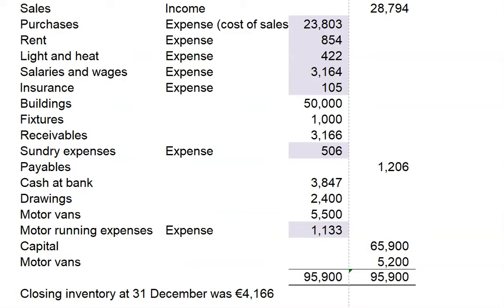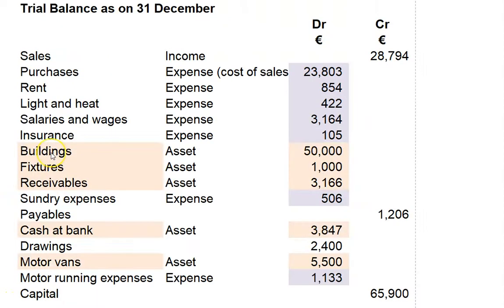So our statement of financial position is basically your assets on the top half, and on the bottom half is the equity accounts and any liability accounts. So once again, we just look at the trial balance and identify the type of accounts. So here I've identified the assets. Buildings and fixtures are non-current assets, long-term assets.